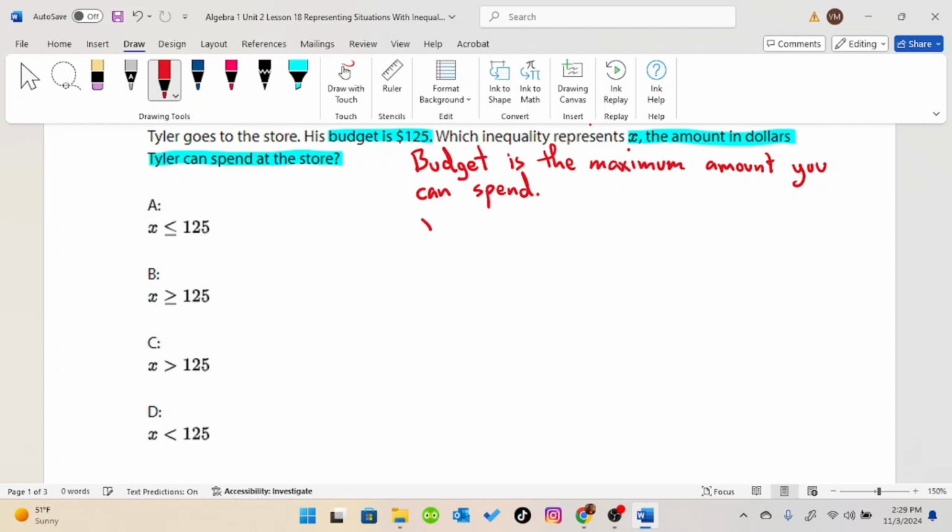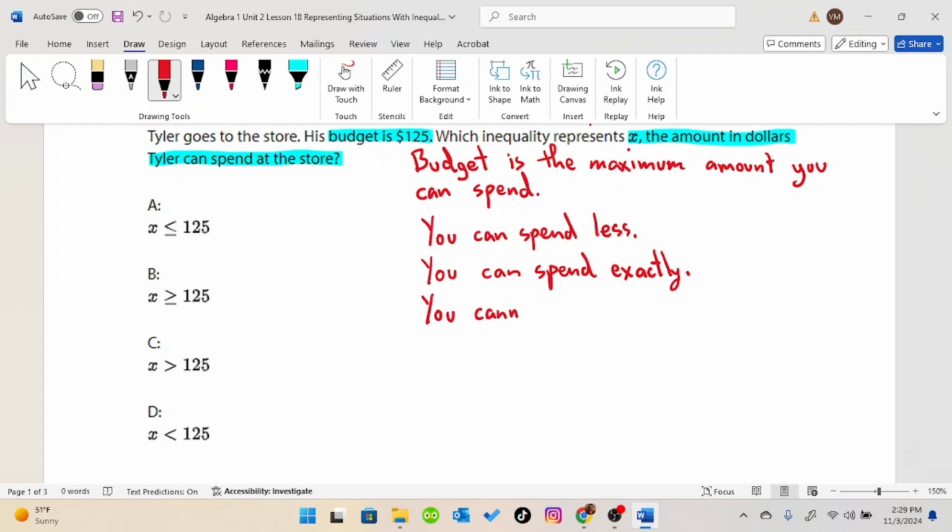This means you can spend less, you can spend exactly, you cannot spend more.